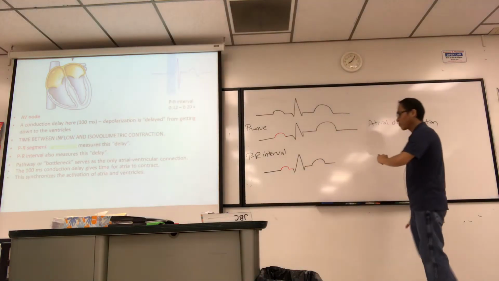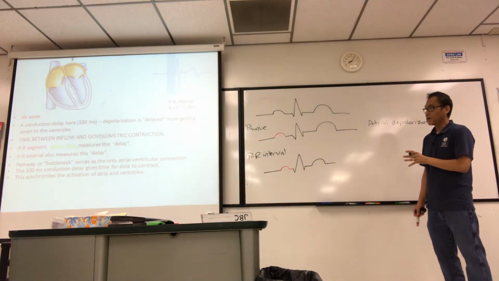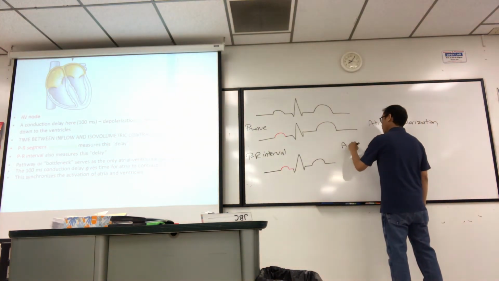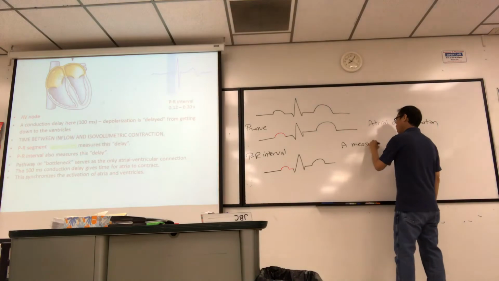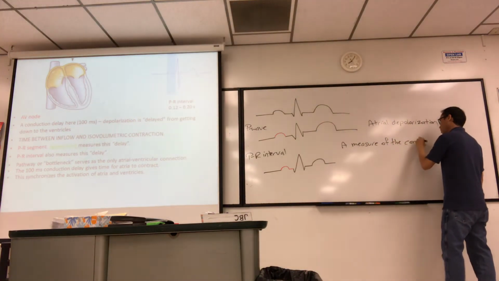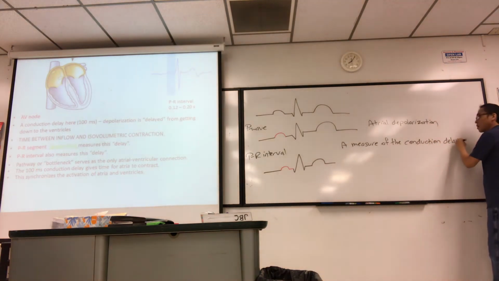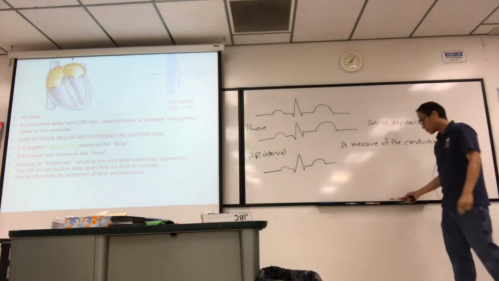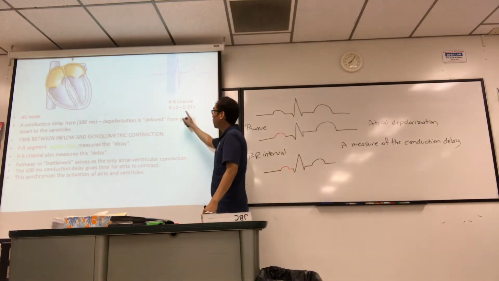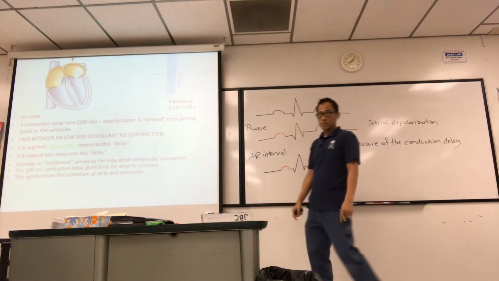So what I have there in red, you highlight that amount of time, you're estimating the conduction delay. The PR interval is about 0.12 to 0.2 seconds in duration.